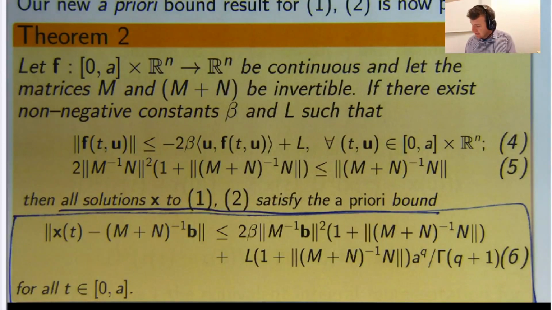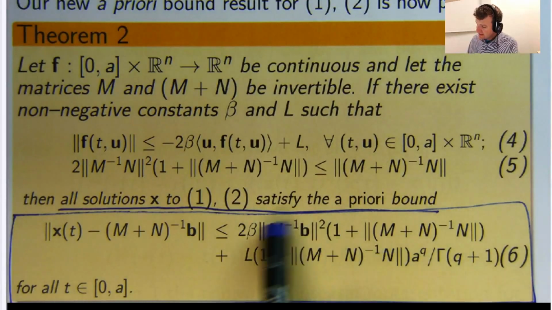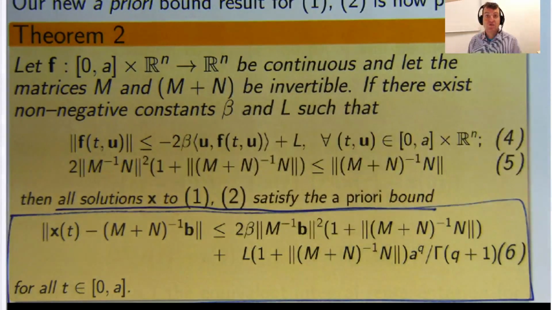You can see in here you've got the gamma function, you've got L, you've got beta, you've got the norm of these expressions. The norm of the matrix here is any compatible norm with, say, the Euclidean norm for vectors.